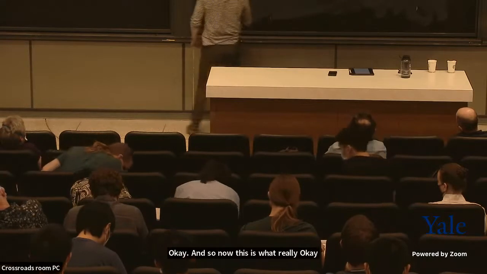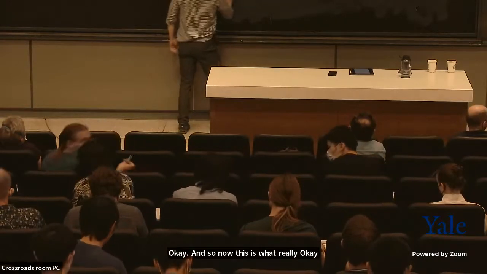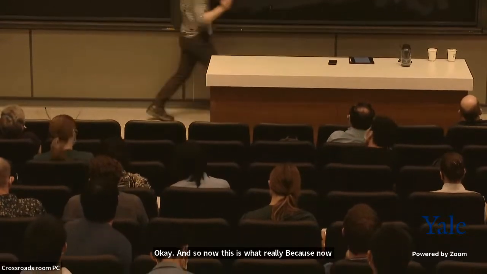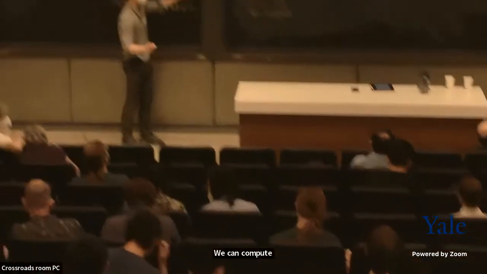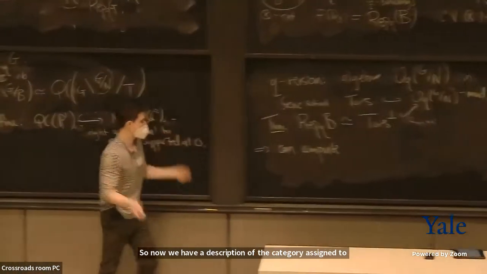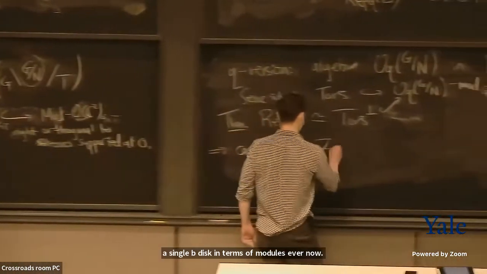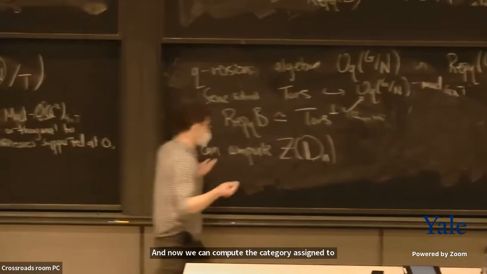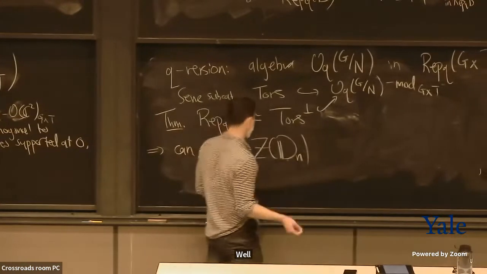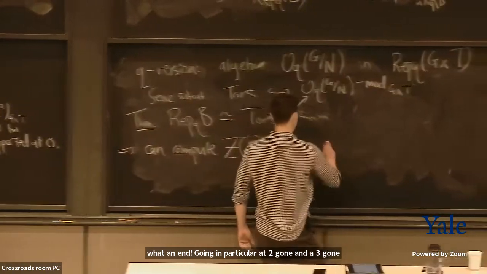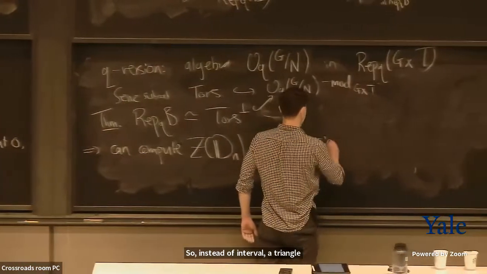Okay. And so now this is what really puts us in business, because now we can compute. We now have a description of the category assigned to a single B disk in terms of modules over an algebra. And now we can compute the category assigned to an n-gon, in particular a 2-gon and a 3-gon, so an interval or a triangle, by excision.